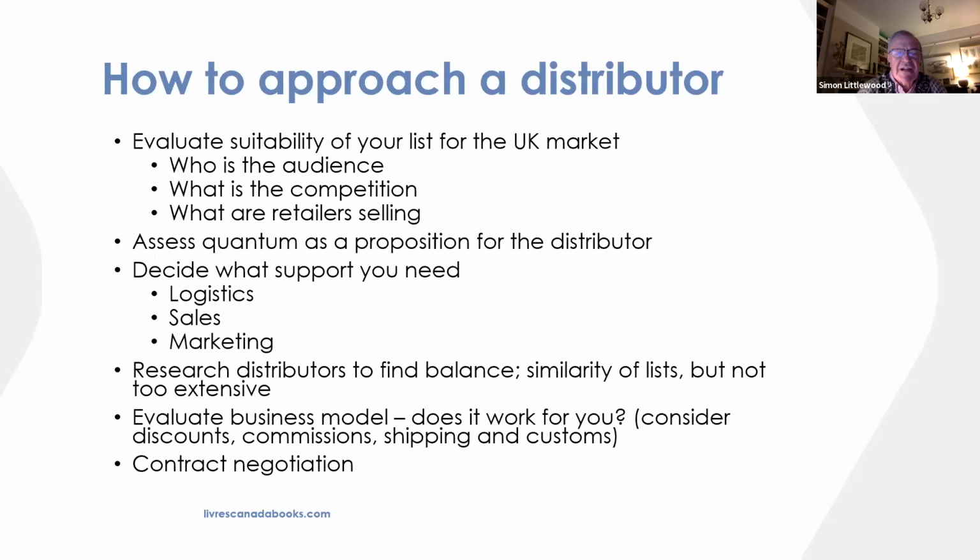And just a quick checklist on how to approach a distributor and to approach a distributor with credibility. First of all, you need to evaluate the suitability of your list for the market. And that is no mean feat because markets differ and sometimes the characteristics of those markets are really impenetrable. One cannot understand why it is that a certain market does well with a genre and another one will not.